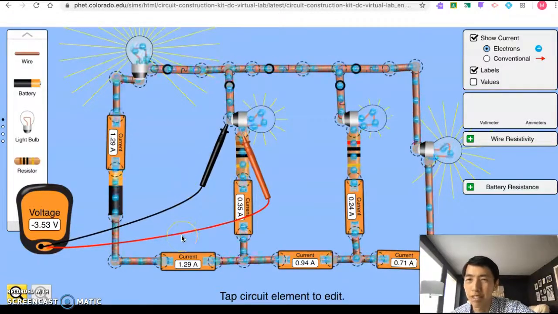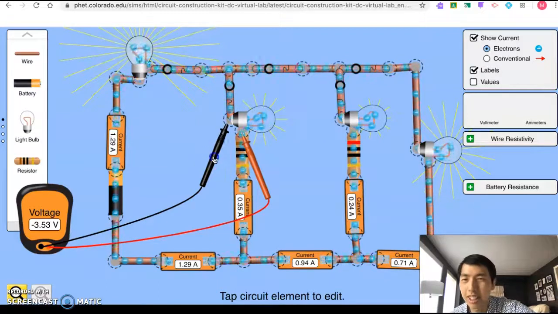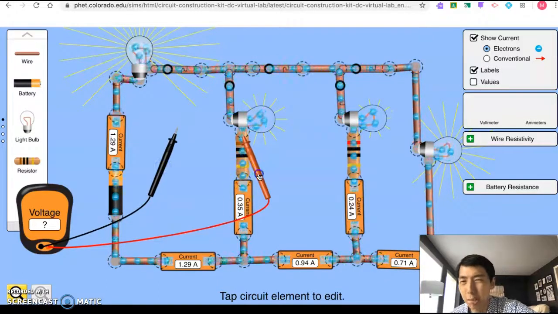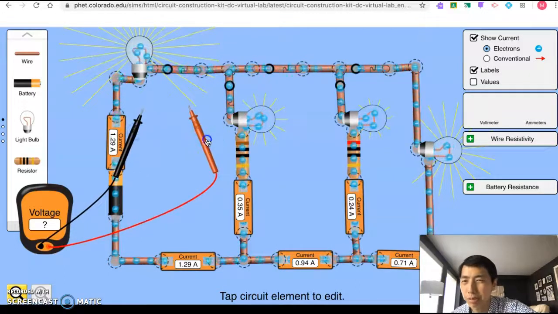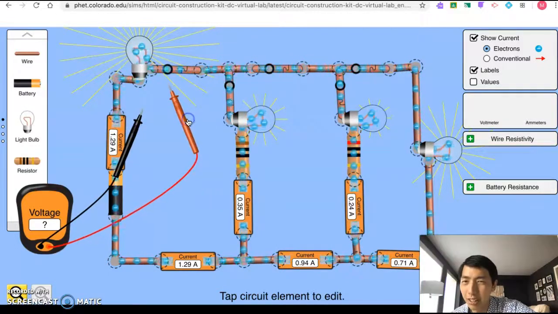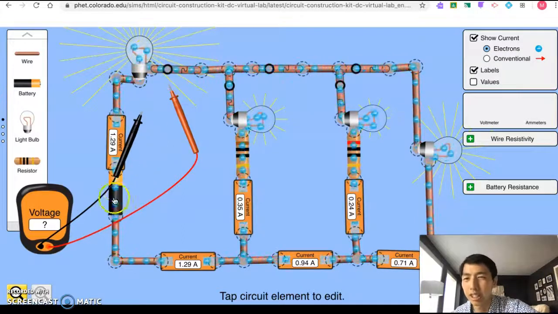Negative 3.53 as well. So I got two negative 3.53s. That's approximately negative 7. I'll just do approximate. So what do I expect this light bulb voltage to be? Well, it needs to be negative 13, so that the negative 7 and negative 13 make negative 20 to balance out the positive 20 from the light bulb.